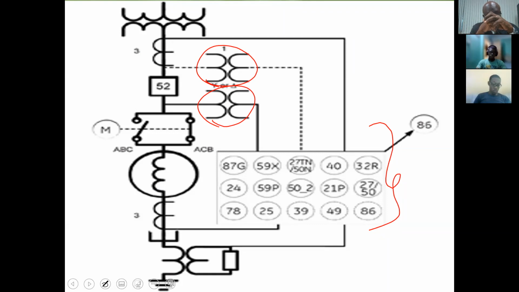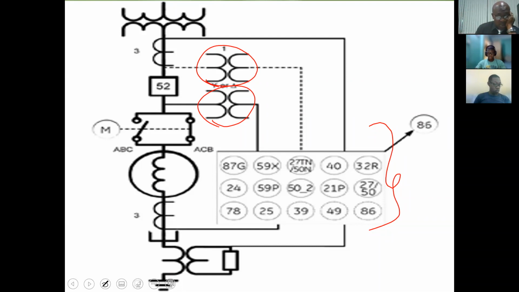So your 87, which would be your differential relay, the 87G there, your generator differential relay. We have 24, I'm just looking back at the numbers here, which would be looking at the frequency.